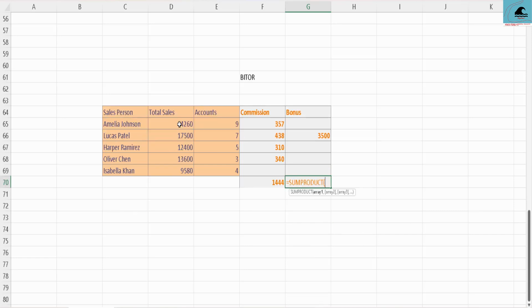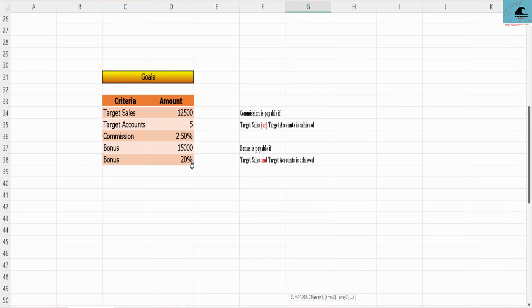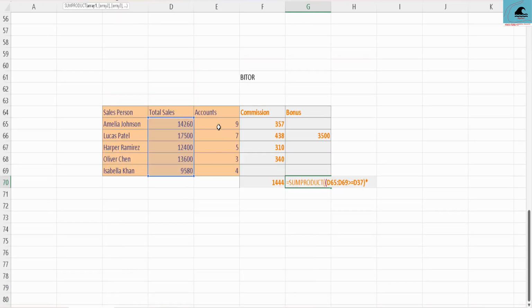The first array would be this one: total sales, whether it exceeds or equals the 15,000 target. Then the next condition would be for accounts, multiplied by accounts greater than or equal to 5. Then multiply it with sales. But if you multiply like this, you won't get anything, because this will result in TRUE or FALSE.